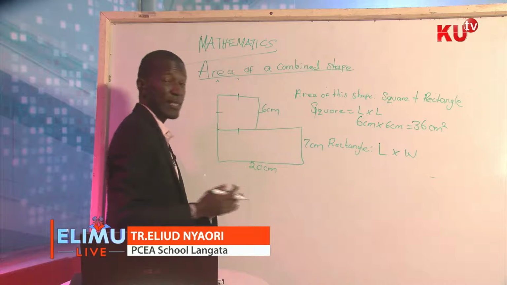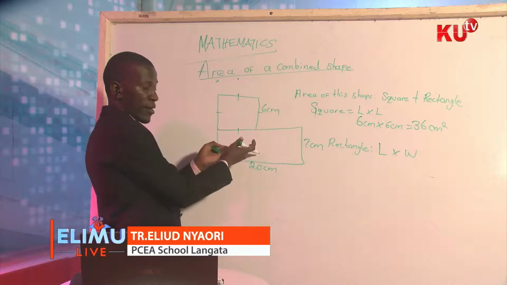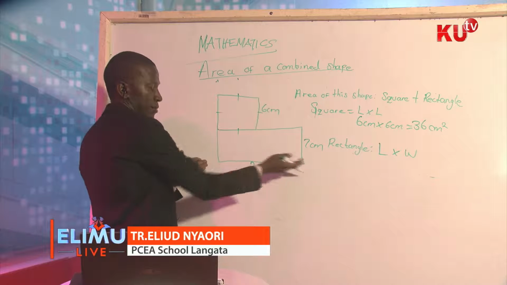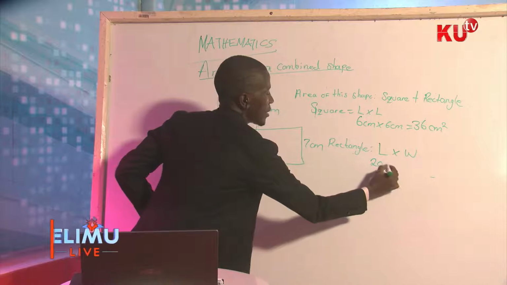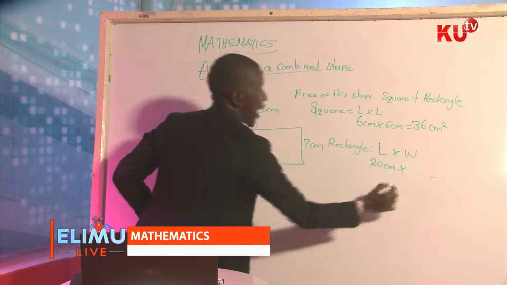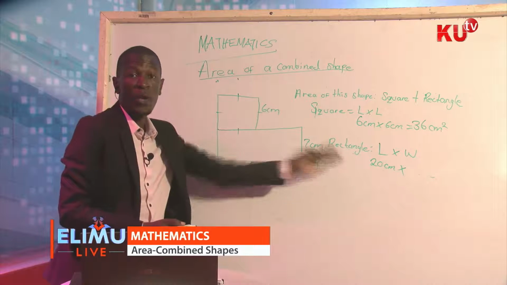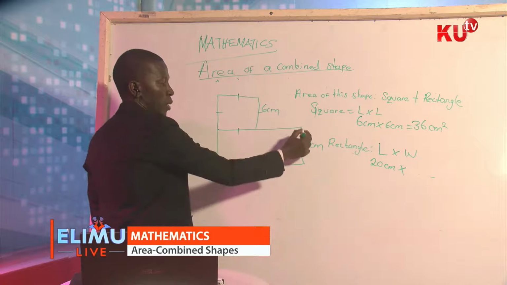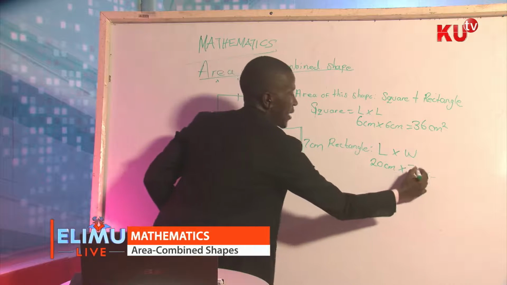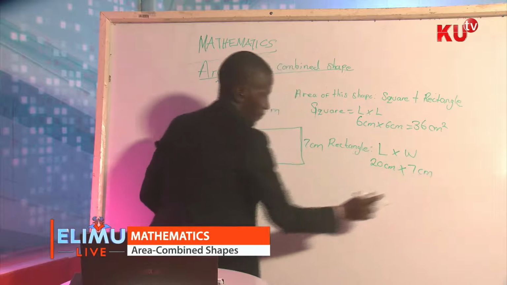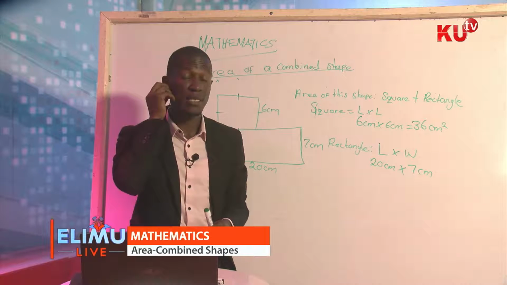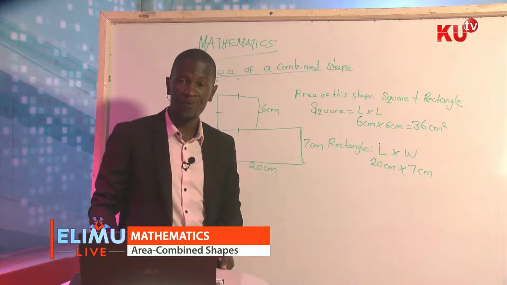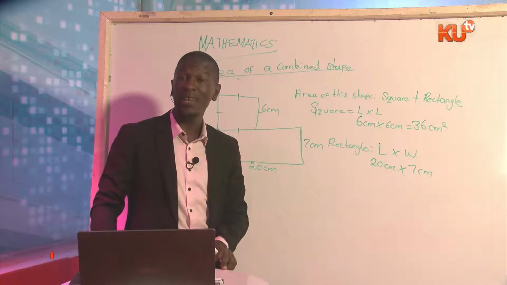What is our length? Length here is this side, which is 20 centimeters, times what is our width? This is the width, which is 7 centimeters. So learners, what is 20 times 7? Can you work it out within a second?